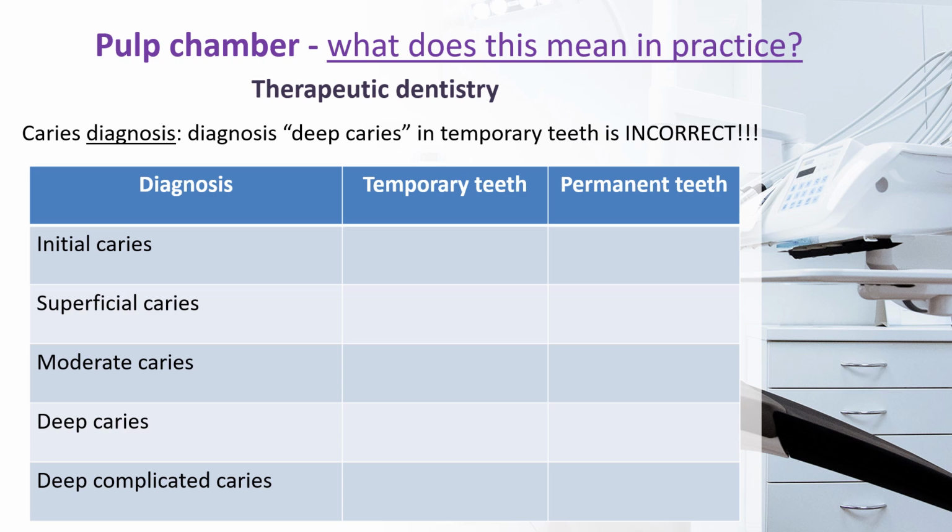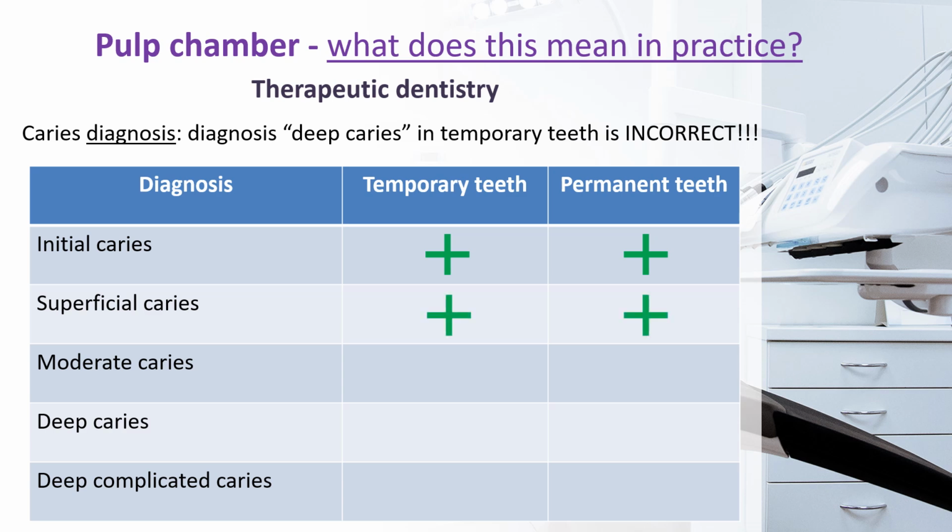And I would like to show you this table with diagnoses of caries and compare temporary and permanent teeth. Diagnosis of initial caries is correct for temporary and permanent teeth.